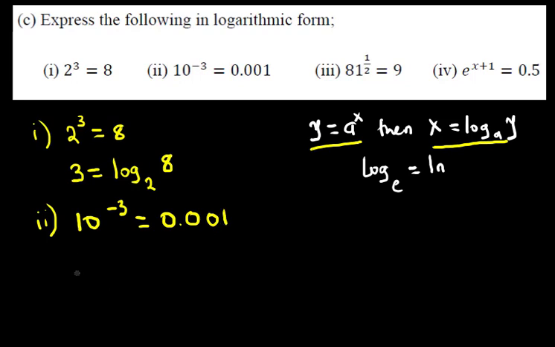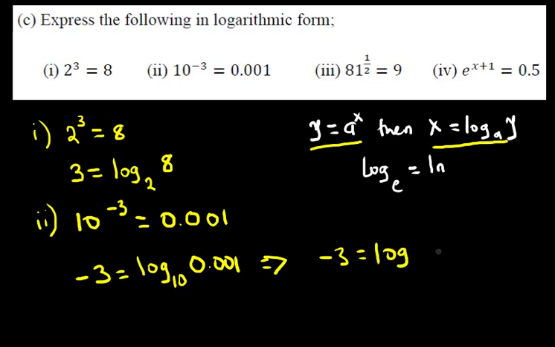This is the same as negative 3 is equal to log 10 of 0.001. We might as well write this as negative 3 is equal to log 0.001. The rule is that if what we have down here is 10, we can still write it in this format. It is still correct.